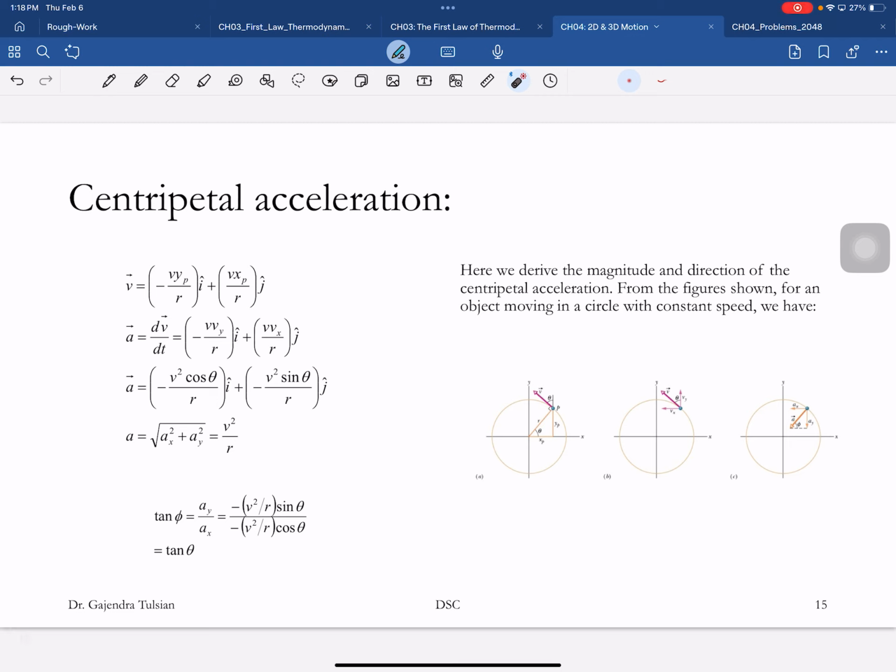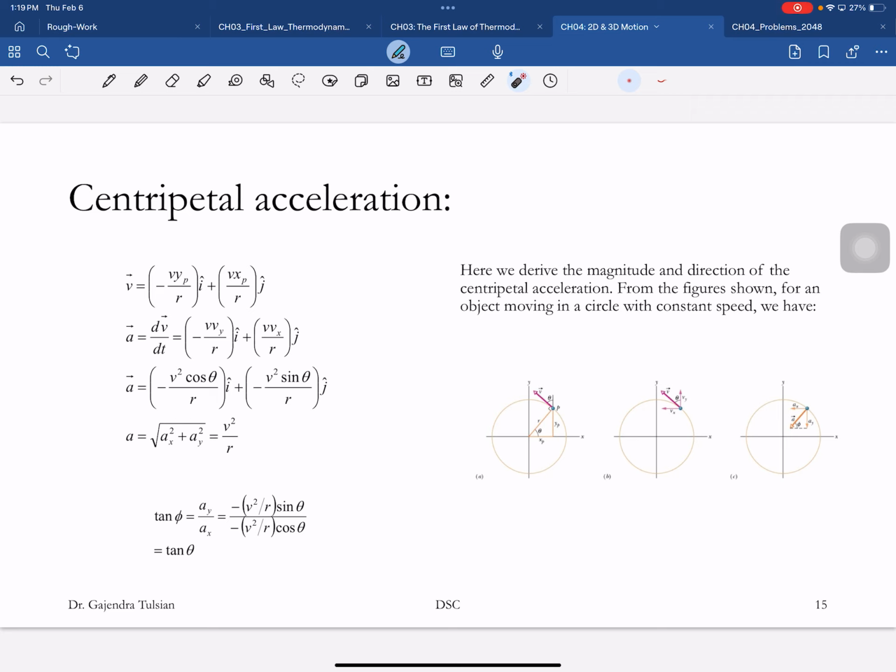Now, I'm just going to start you on the proof. I'm not going to go over all the details. So here's the deal. We're going in a circle at constant speed, so the magnitude of the velocity is not changing. Let's say there's your location. You're making an angle theta with the x-axis, and it turns out this angle is equal to that angle.